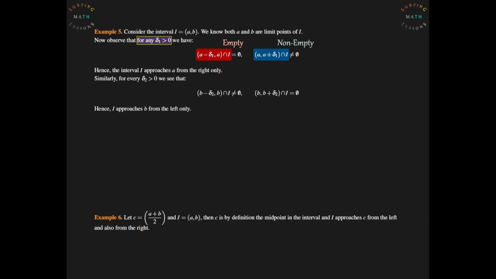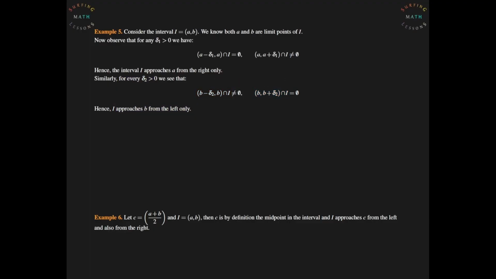This then shows that the interval I approaches its endpoint A from the right of A exclusively. A similar analysis can be done for the endpoint B to conclude that the interval I approaches the endpoint B from the left of B exclusively.